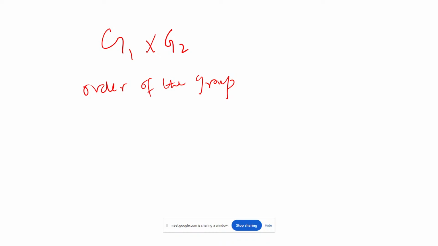So you can check the order of this group. What is the order of this group? The order of G1 is N1 and G2 is N2. What will the order of this group be? Will it be N1 times N2 or N1 plus N2?